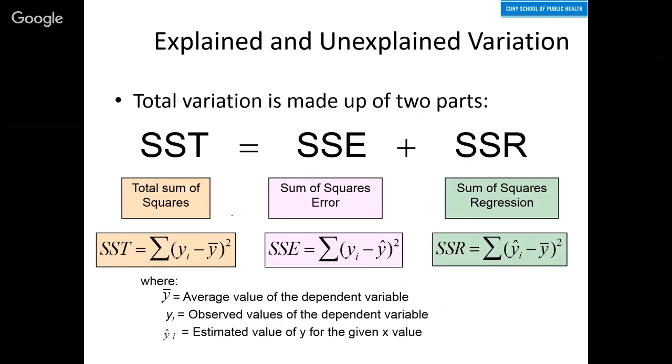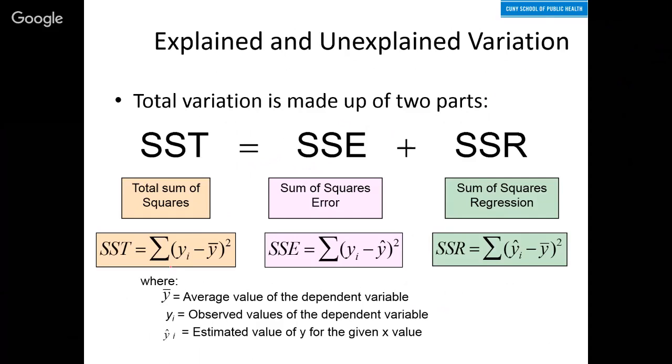I showed you that scatter plot early on with the horizontal dashed line and the sloped solid line as an introduction to this idea of breaking up your variation into two parts. So our total sum of squares variation, if you take y bar, that was the horizontal mean of y line.